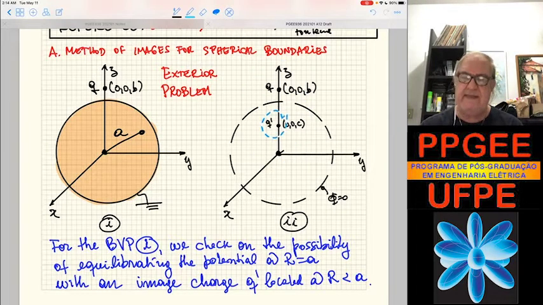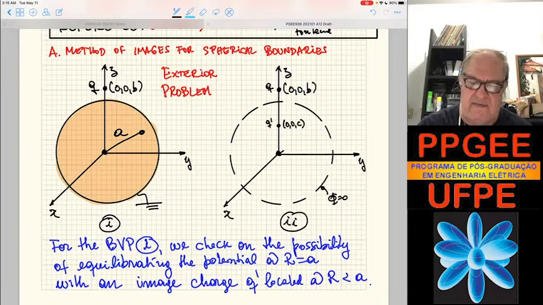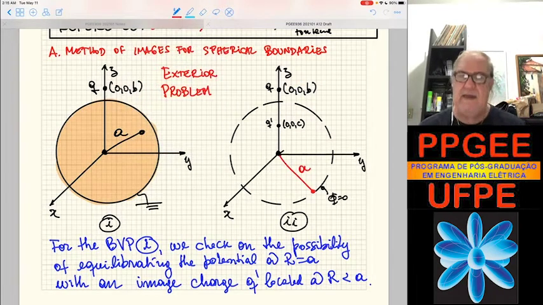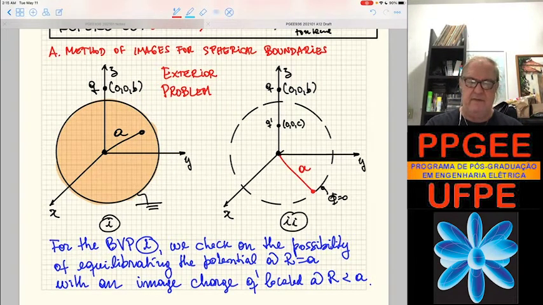So we're going to place now an image charge Q prime located at coordinate C, a distance C from the origin. The original charge has a distance B, and A is the radius of this sphere, okay, right here. So B is the original charge location, C is the image charge location. So our job is to determine Q prime and C, okay.